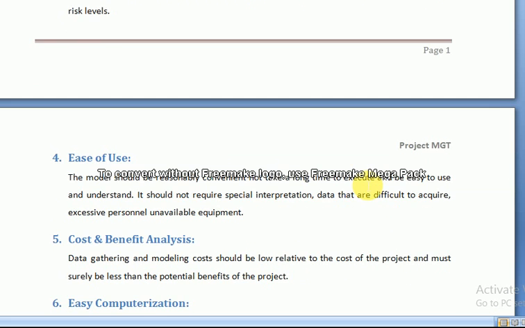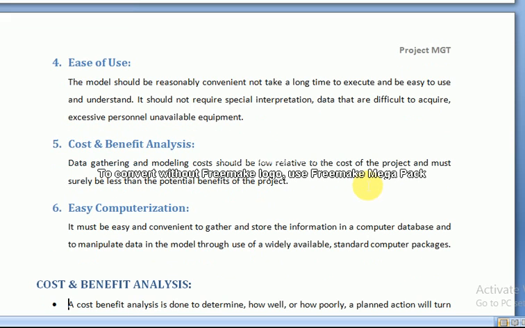Next one is ease of use. The project outputs, when we are doing the project, mostly ease of use will be used in production-like projects. So the outputs that come at the end or finishing of the project must be easy to use.